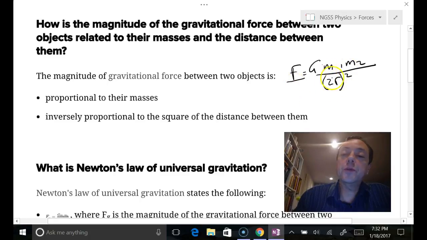You can't leave out the squared, and of course 2 squared is 4. So if I double the distance, I actually quarter the force.